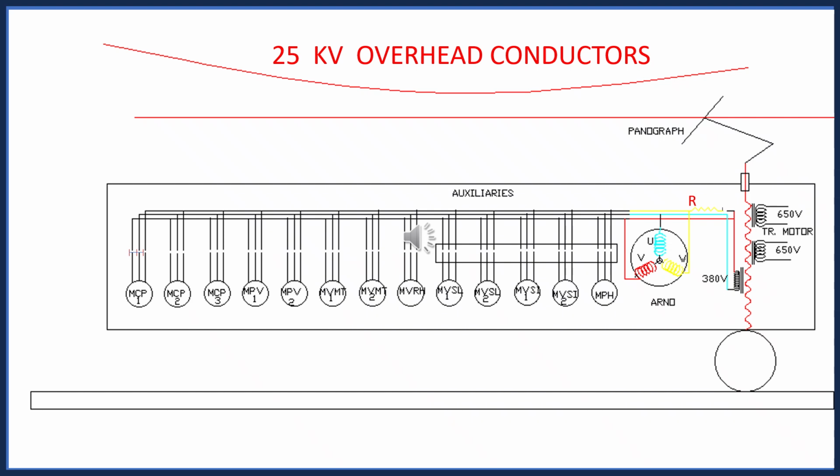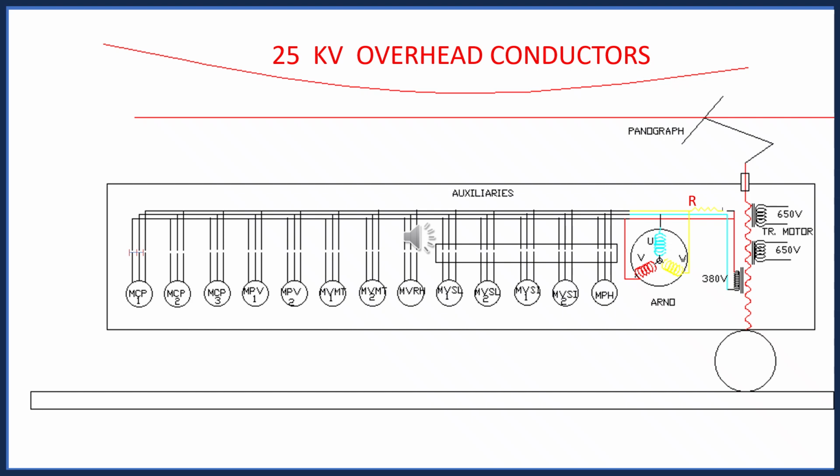It is also experiencing tremendous heat, so it needs cooling. So we have used two blower motors, that is MBSI 1 and MBSI 2. Then we have used the MBSL smoothing reactors for the two 650 volt windings feeding the traction motors. We are using two smoothing reactors to reduce the ripple.